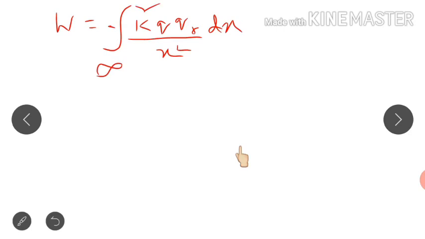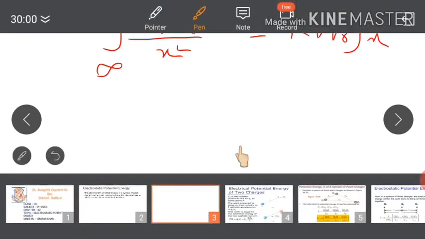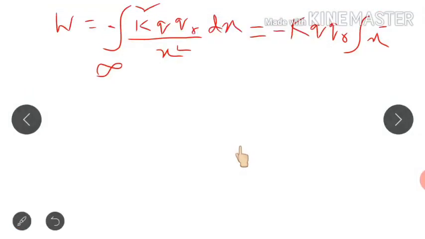Okay, now we know that minus K Q0 will be out of the integration. So finally we'll have minus K Q Q0 integration x to the power minus 2 dx. If you take this x square in the numerator, the power will become negative.